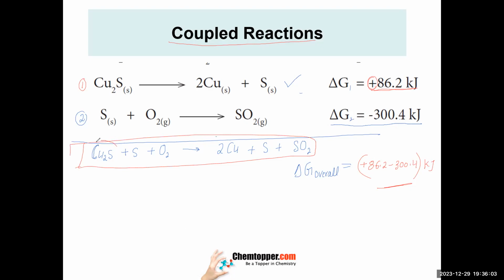It means I can convert Cu2S to Cu by using the other reaction also. One reaction has a positive delta G value, other reaction has a negative. So when you combine these two reactions, if the overall delta G is negative, reaction is spontaneous.